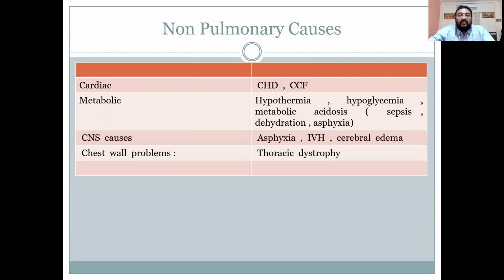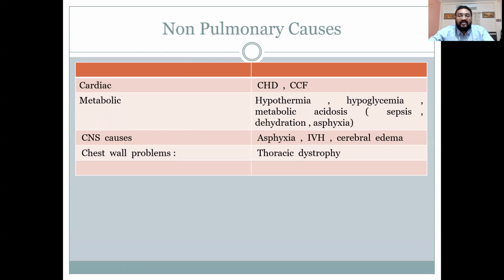The non-pulmonary causes of respiratory distress include cardiac causes, which are congenital heart disease and congestive cardiac failure. Metabolic causes can also present with respiratory distress in newborn. The common causes are hypothermia, hypoglycemia, metabolic acidosis because of sepsis, dehydration, or asphyxia.